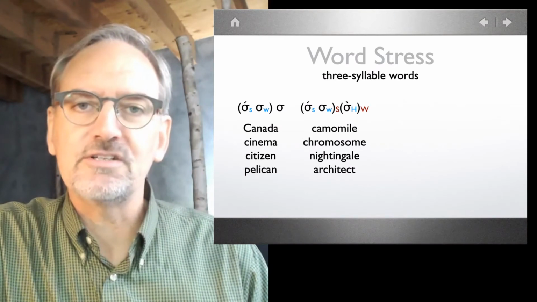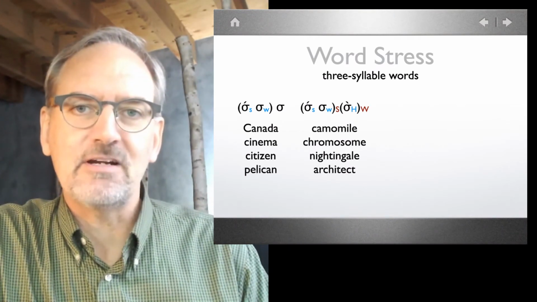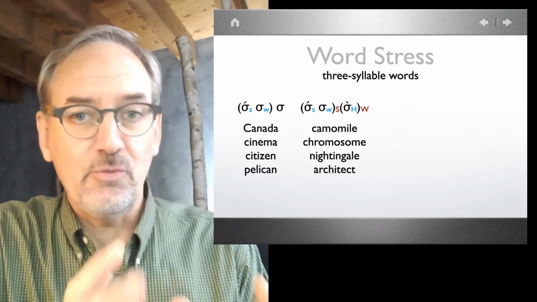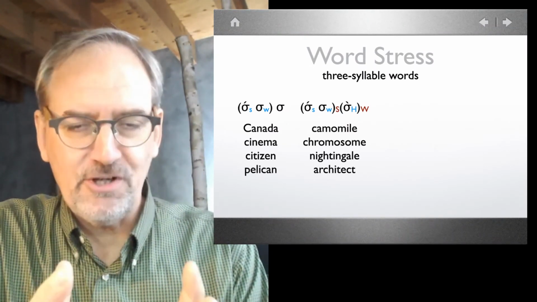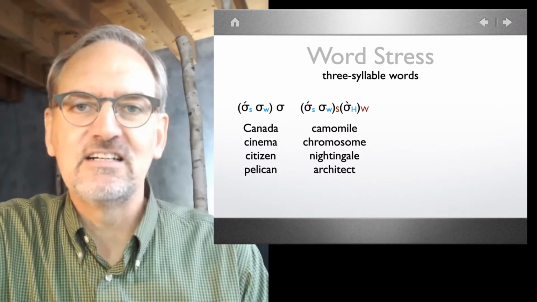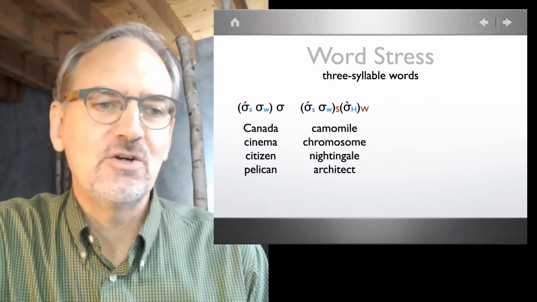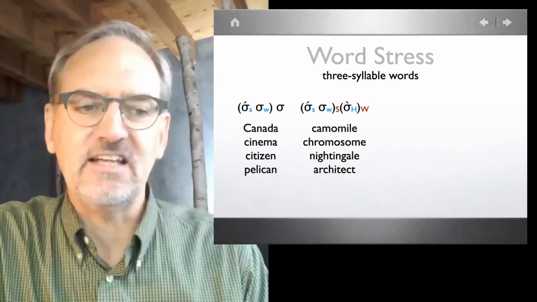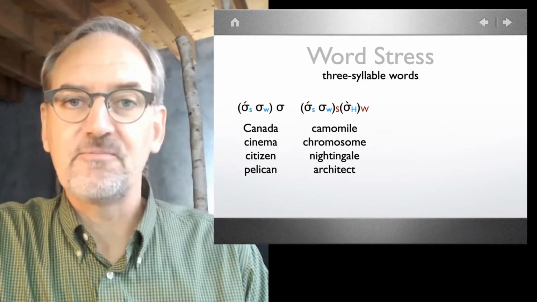Also, 3-syllable words made up of a bisyllabic foot followed by a monosyllabic foot, in which the first foot, which happens to be bisyllabic, is strong and the second foot is weak. Words like chamomile, chromosome, nightingale, architect.